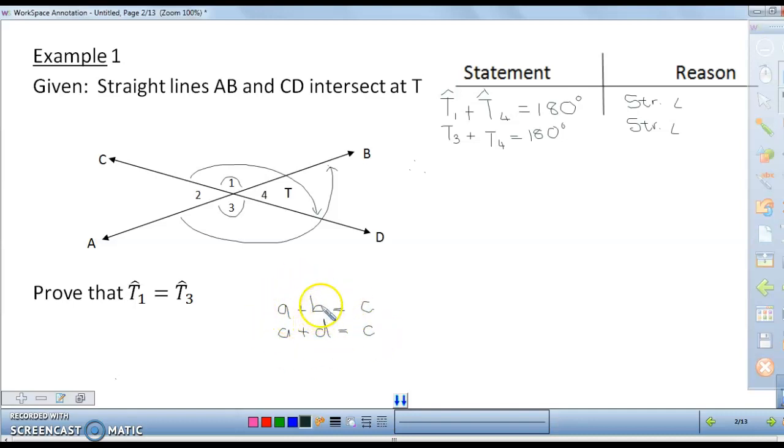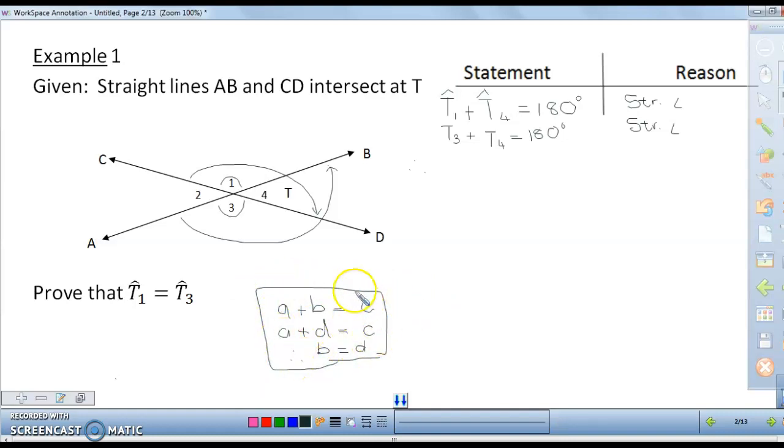Because you're adding a number to A here, and you're also adding a number to A there, and it gives you the same answer. Can you see that it means that this number that you add to A here and this number that you add here must be the same number. They must be equal to each other. Therefore, you must be able to say that B must be equal to D. Otherwise, you won't get the same answer. Think about this little piece of logic. It's very simple and it makes a lot of sense.